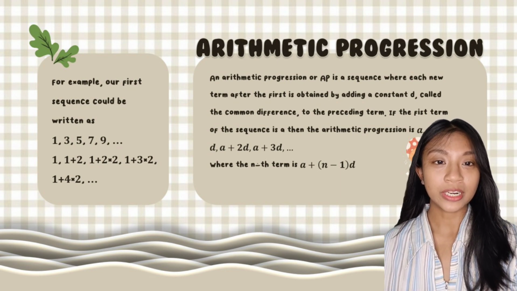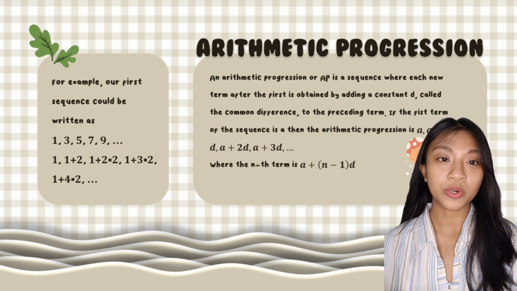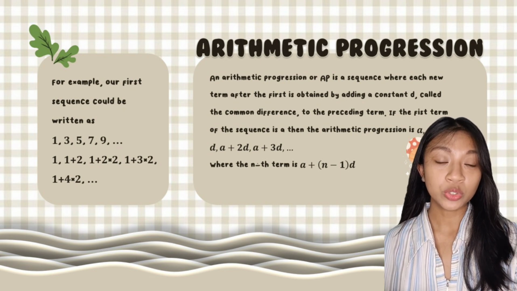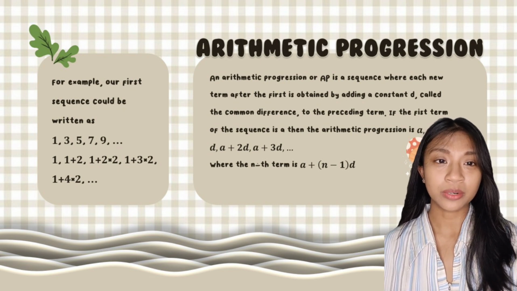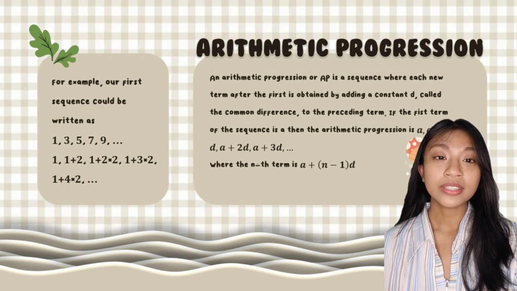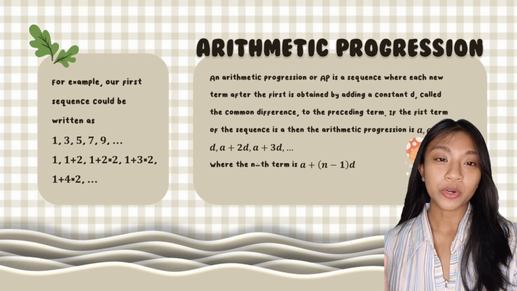If the first term of the sequence is a, then the arithmetic progression is a, a + d, a + 2d, a + 3d, and so forth, where the nth term is a + (n - 1)d. We can use algebraic notation to represent an arithmetic progression.